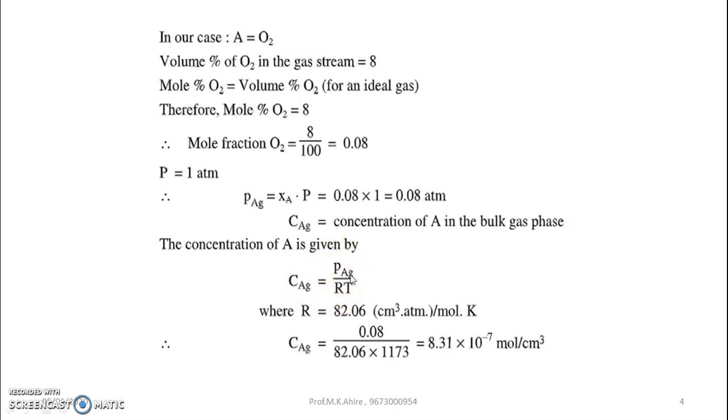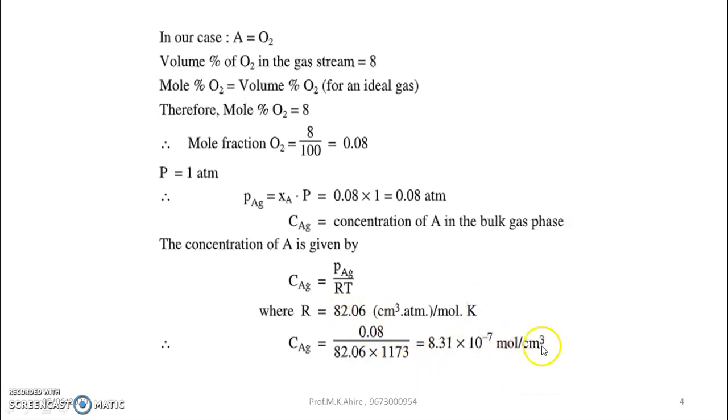How we have calculated? From the mole fraction of oxygen and total pressure. Okay, so CAg is PAg upon RT. R is 82.06 centimeter cube atmosphere per mole per Kelvin. The CAg value you will calculate as 0.08 divided by 82.06 into 1173.